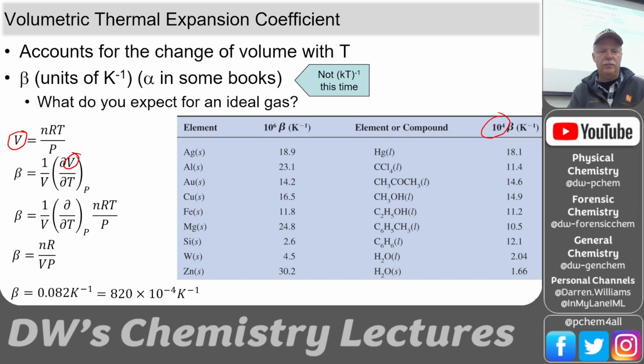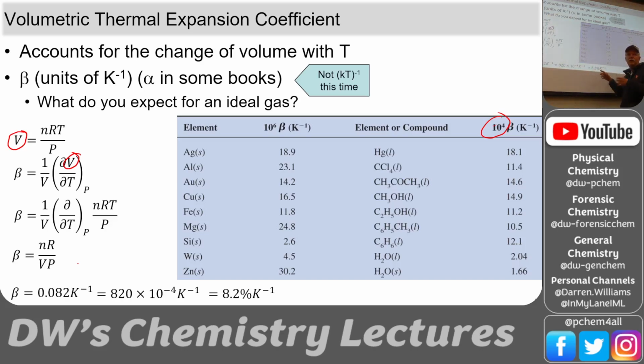We'll look at that in a second. But this one, 0.082, is about 8.2% per Kelvin. This is the volumetric expansion as a function of temperature, so it changes 8.2% for every degree for a gas.